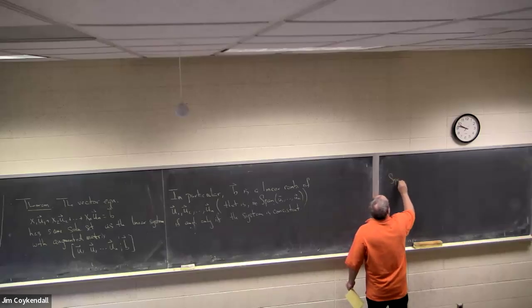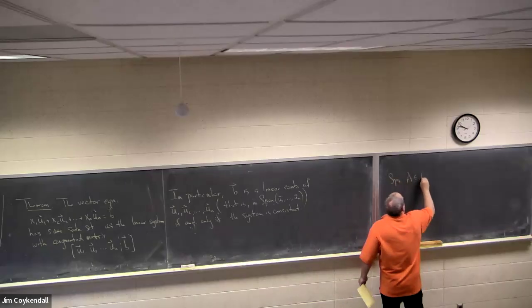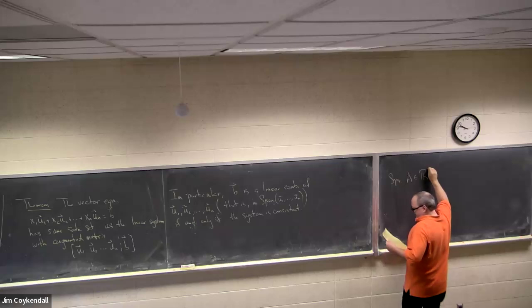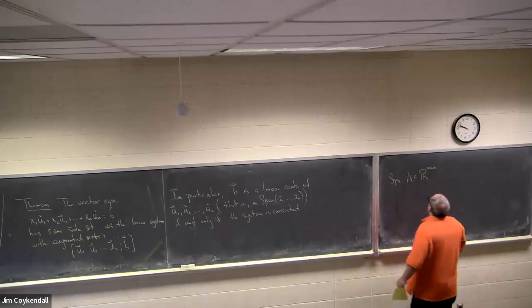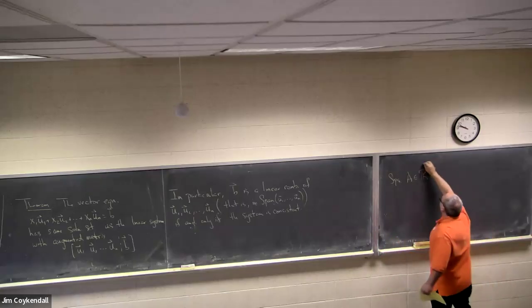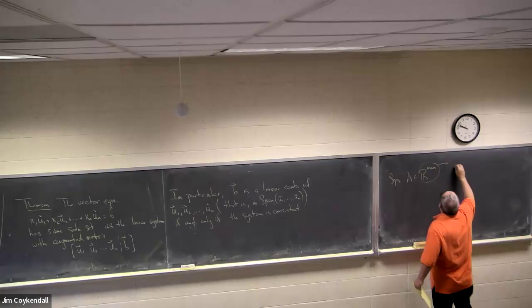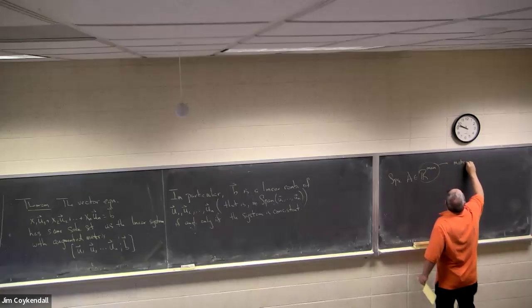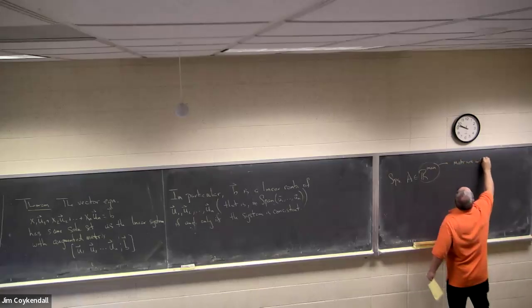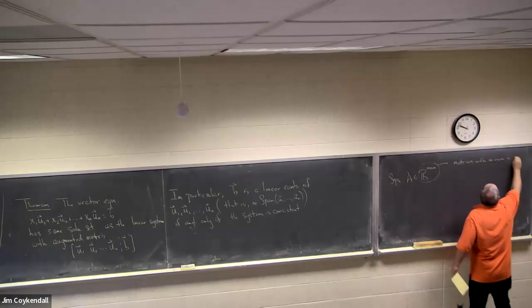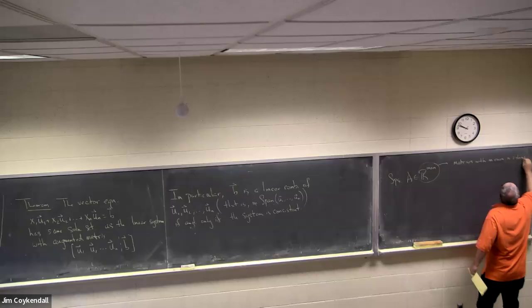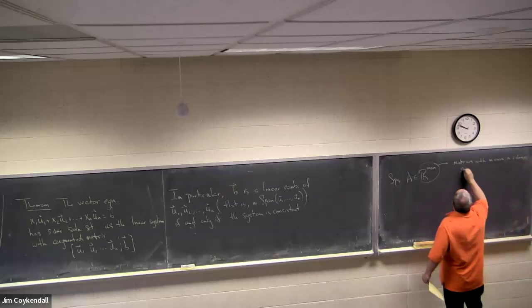Now suppose A, okay, this is new notation. This means matrices with m rows, n columns, with entries.